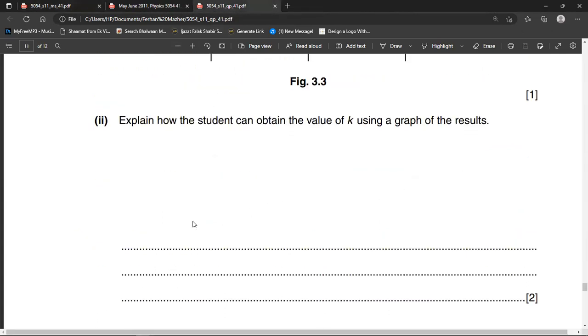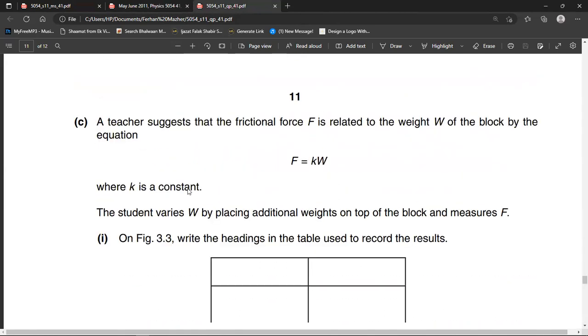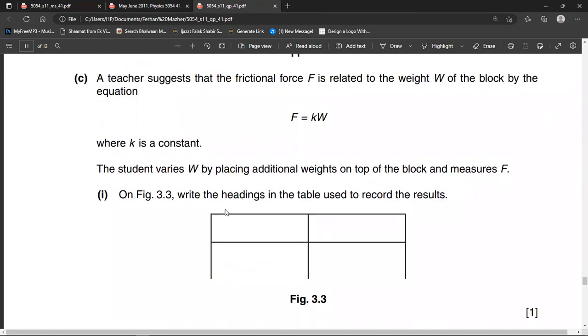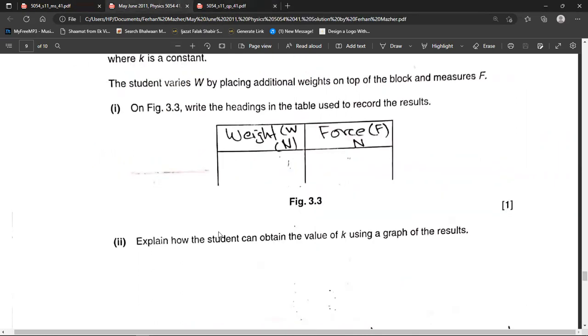Explain how the student can obtain the value of the k using a graph of the results. You see, for example, on a certain value of the W, you will get a certain value of the F. On another value of the W, you will get another value of the F. So take the W on the x-axis and the F on the y-axis, then plot these points, which you will have in this figure 3.3.